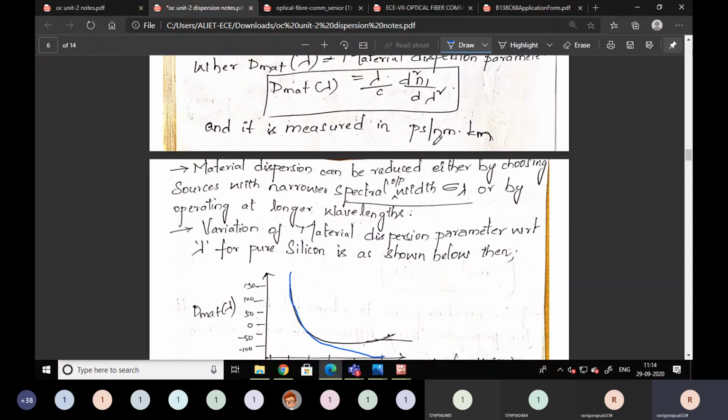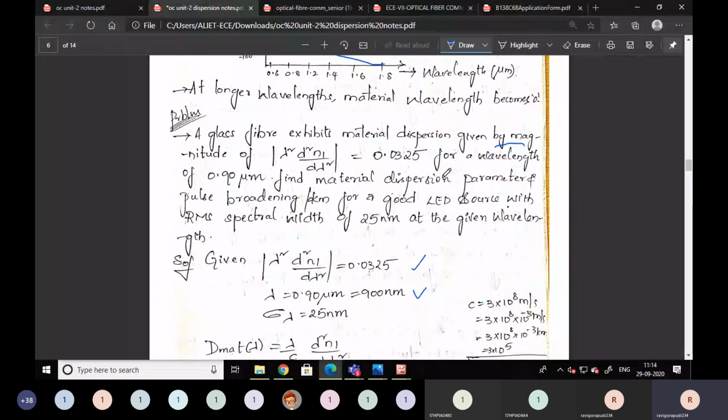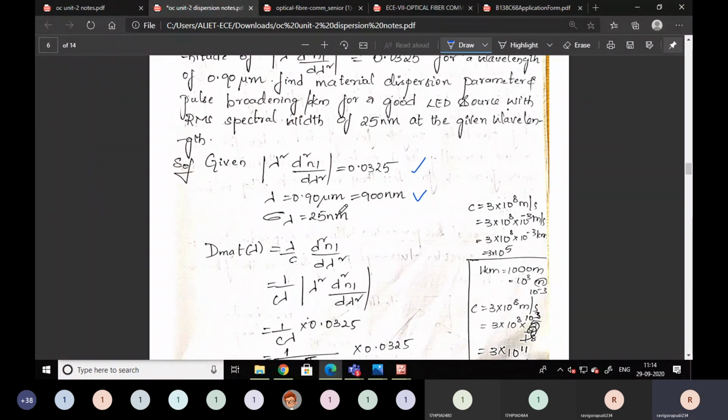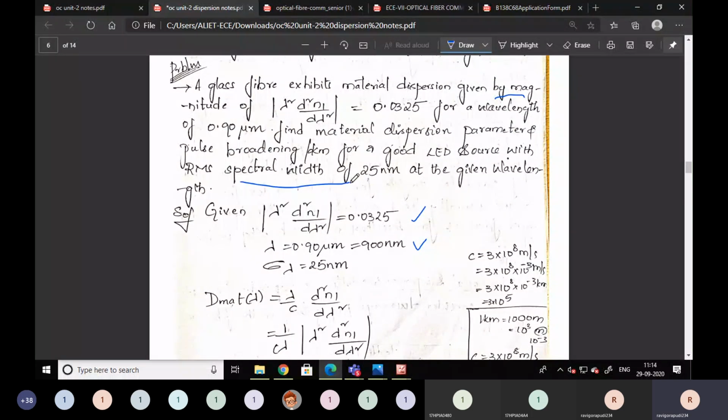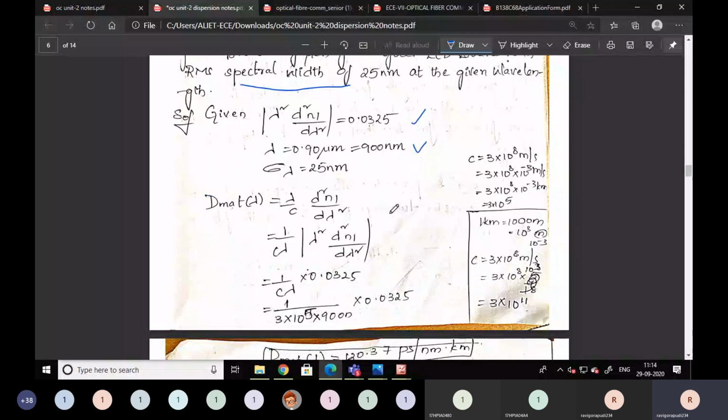That's why I am converting into nanometer. Otherwise, you may write in micrometer, not a problem. And sigma lambda, the spectral width of the source, here LED we are using, is 25 nanometer.